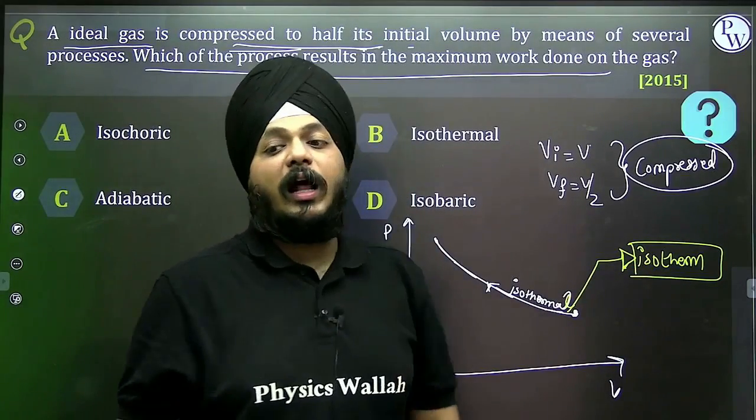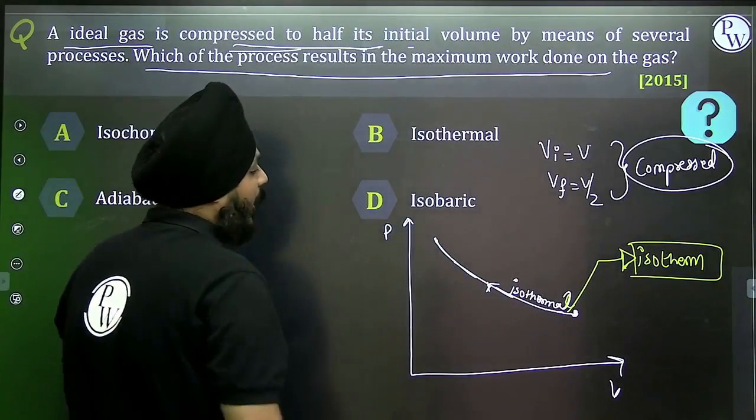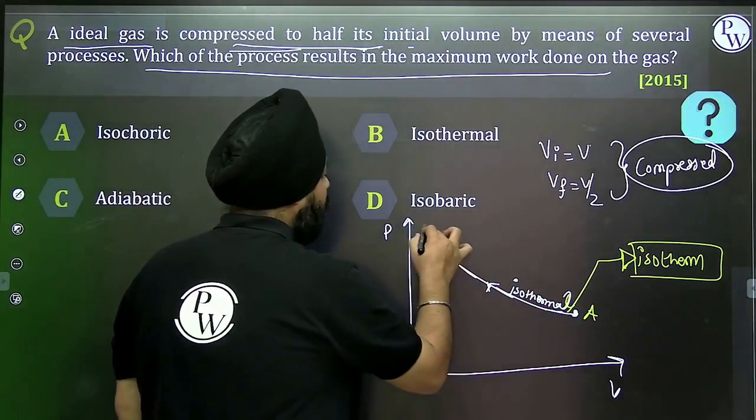Right? It is known as what? Isotherm. Now, this is A to B.